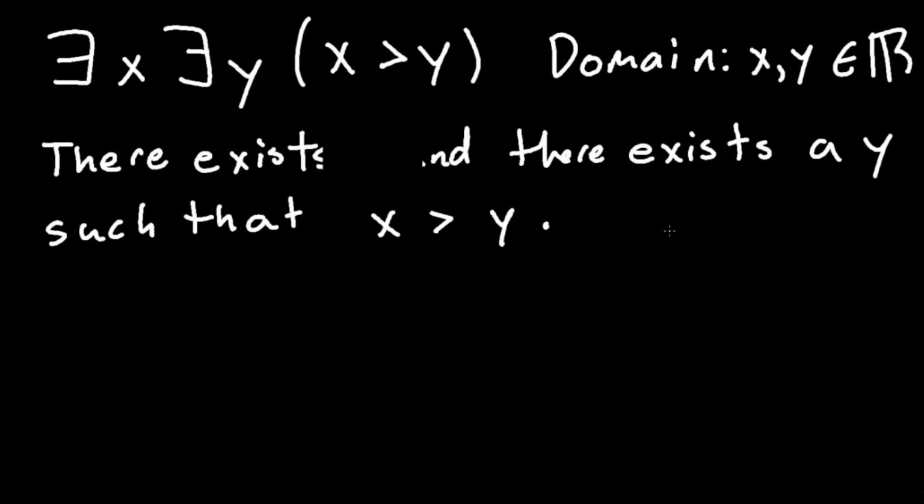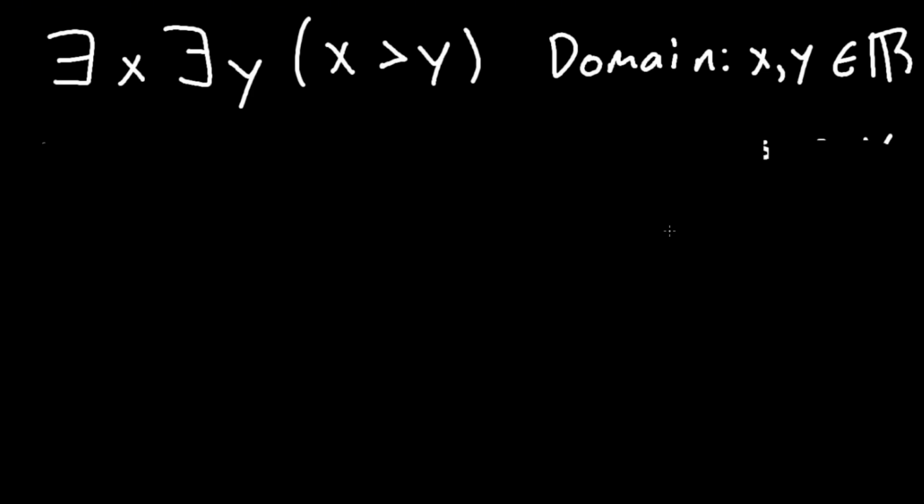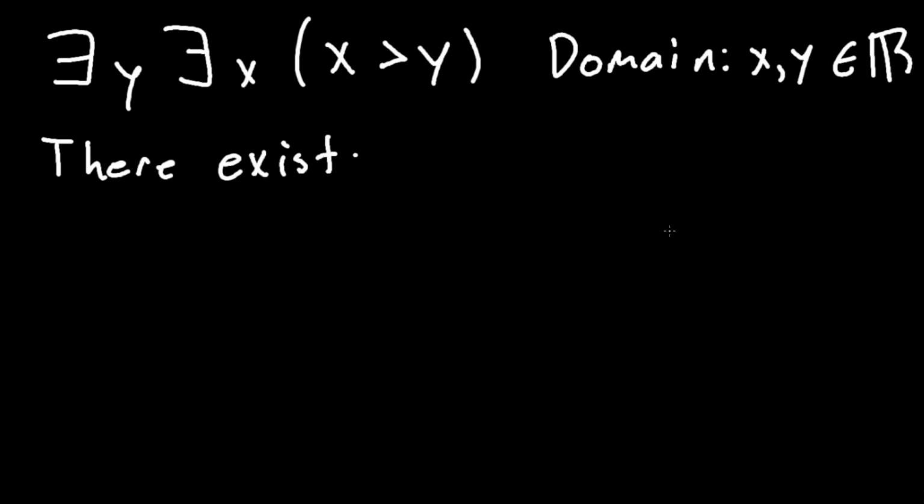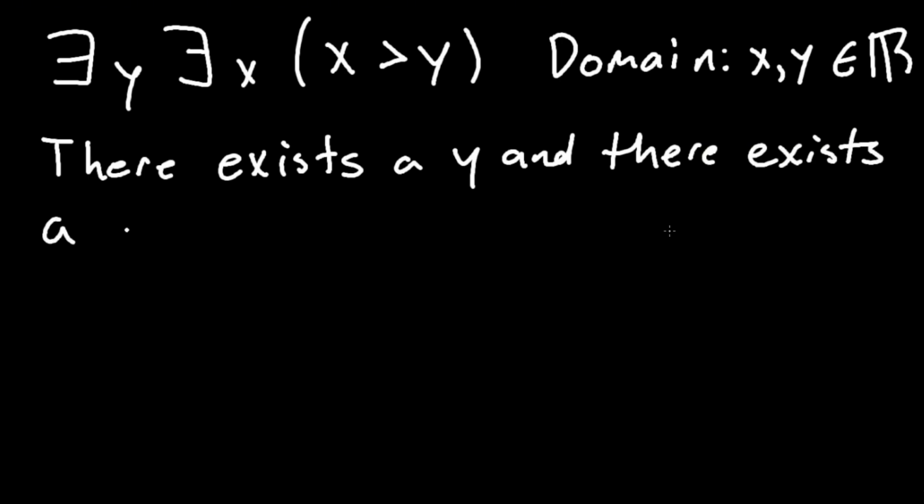Now, what if we switched up the order of the quantifiers? If we switch up the order of the variables for this, it wouldn't make much of a difference, right? You're basically saying the same thing, but you just changed the variable. So the sentence would now be there exists a y and there exists an x such that x is greater than y.